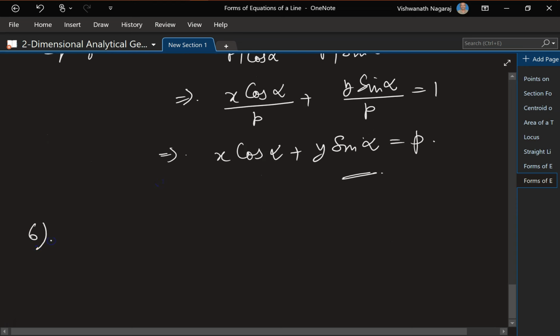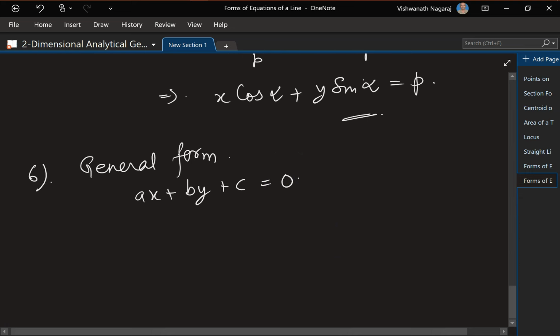Now finally, let's look at the general form. The general form is ax plus by plus c equal to 0. Now we have to show that this is right, so we have to take it into some other form. Let's say we want to take it to y is equal to form. So by is equal to minus ax minus c.